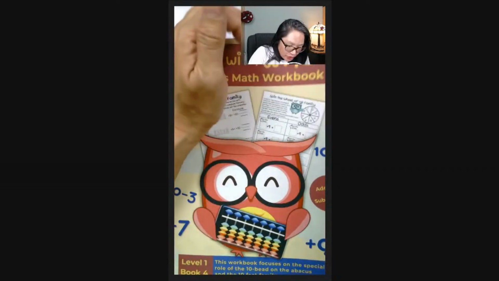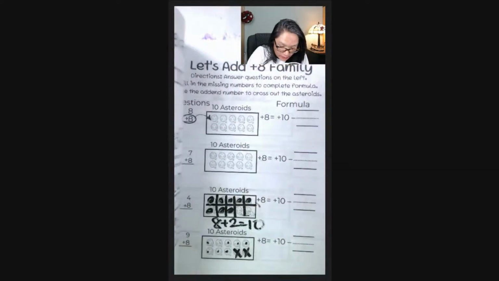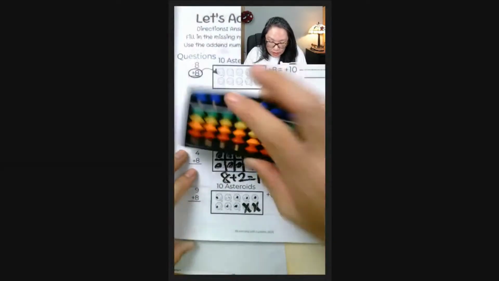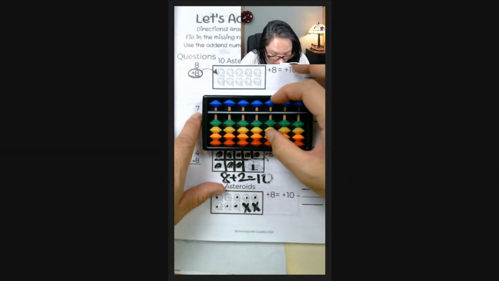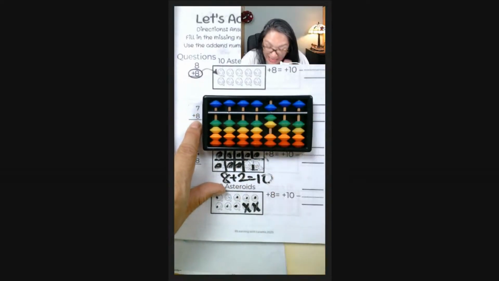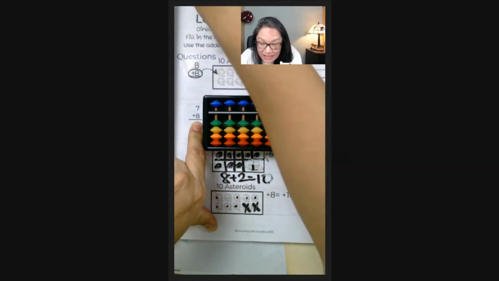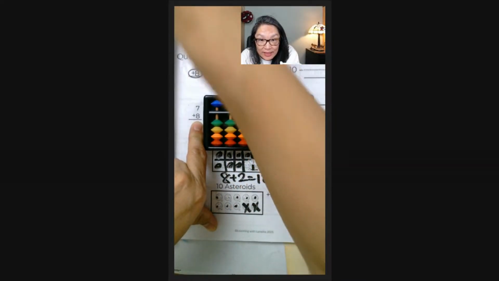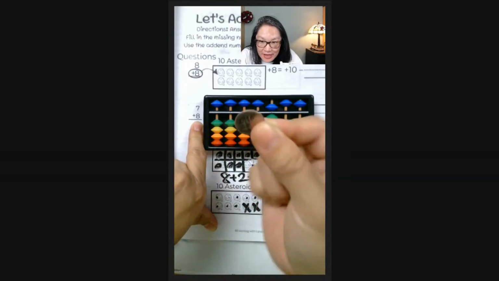When we do 8 and 2, I should really label this. Here is my abacus and here is my number. We know what 7 looks like, so I'm going to add 7, right? 5, 6, 7. I want to add the 8, but notice I don't have enough beads to add the 8. Well, guess what? Same thing. I have a dime.